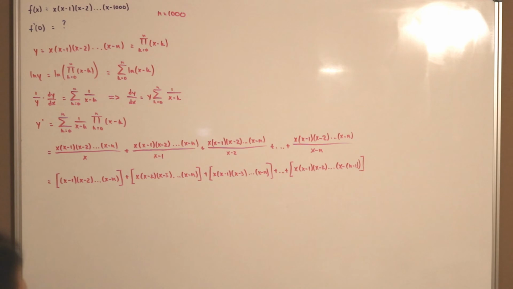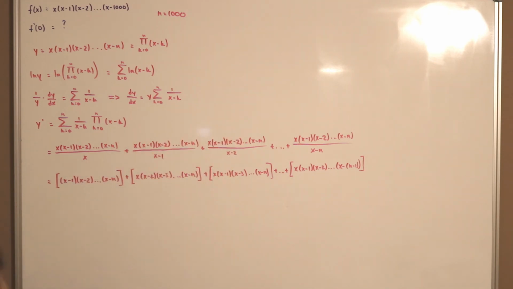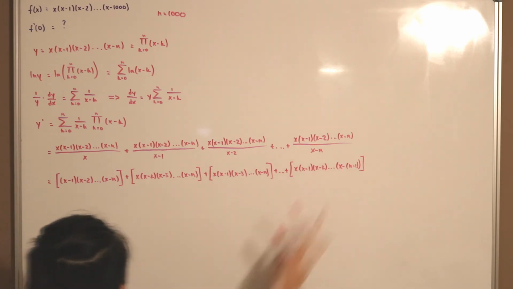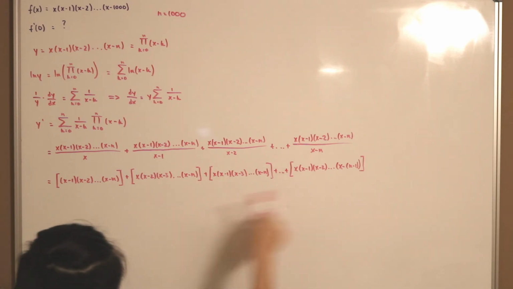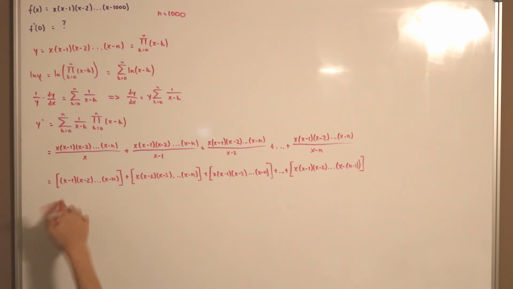Expand it out. So when we plug in x equals 0 for the derivative, everything from here to here is going to be equal to 0, since we have x being multiplied by the products of the binomials. So everything here is going to come down to 0. So all we're left with is just evaluating 0 from here.